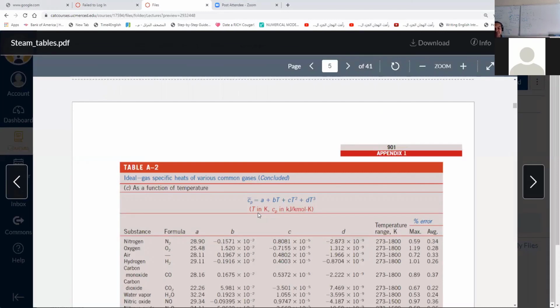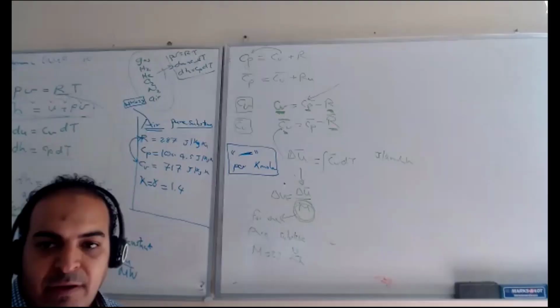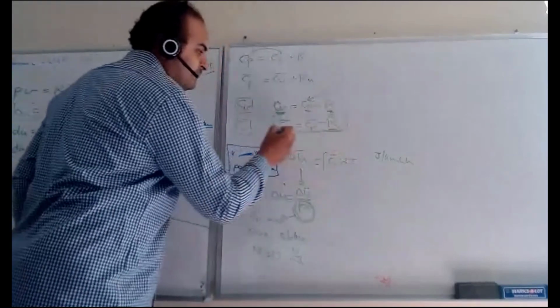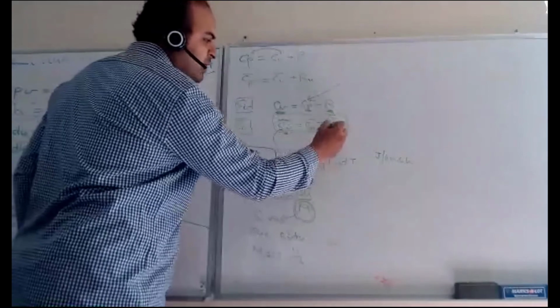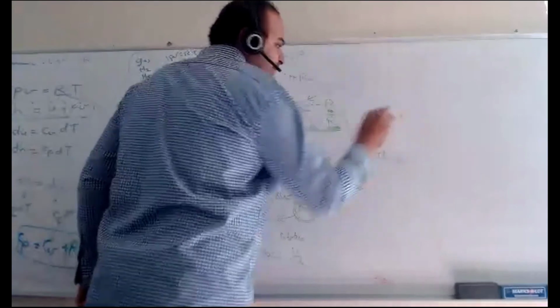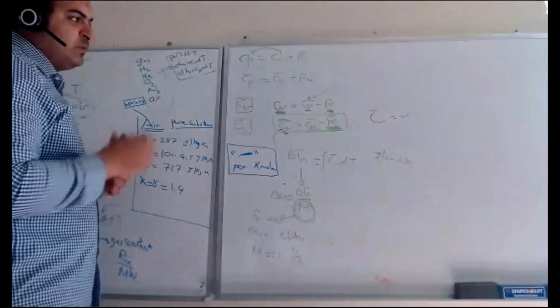How about if you want Cv or Cv bar first? If you want Cv bar from this equation, Cp bar means this is joule per kilomole Kelvin at constant pressure. But I don't want this. I want, for example, delta U or delta U bar now. So the first step is to get Cv bar. You have Cp bar, correct? Subtract R universal to get Cv bar.